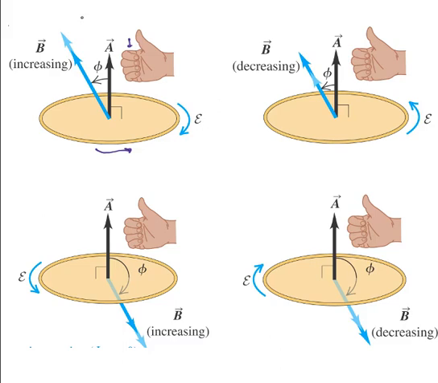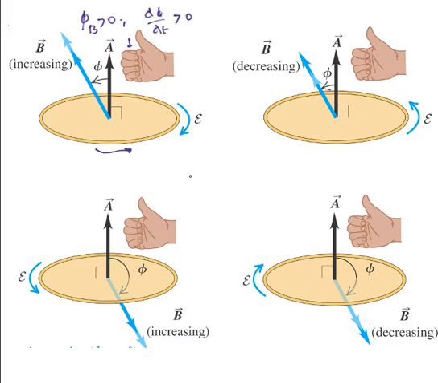So under these circumstances, the flux is greater than 0. And since that magnetic field is increasing, the change in the flux with respect to time is positive, right? So the flux was, say, 6, and now it's 7. So it's increasing with respect to time.